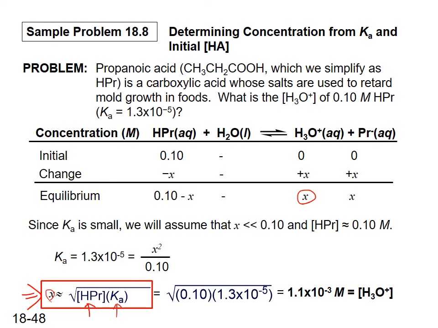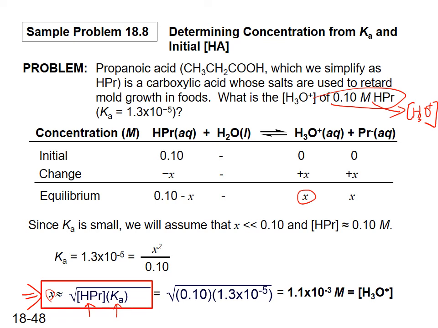Now let's compare with a strong acid. If this is a strong acid, then the concentration equals the hydronium ion. You don't need to calculate because 100% goes to hydronium ion, and so from there we can calculate pH, pOH, everything.